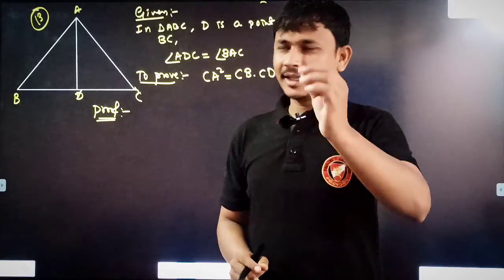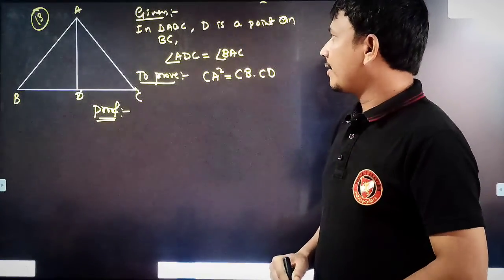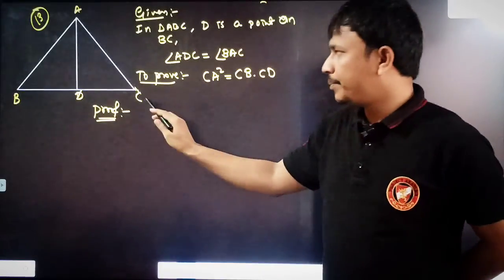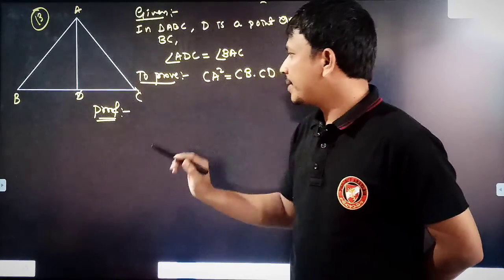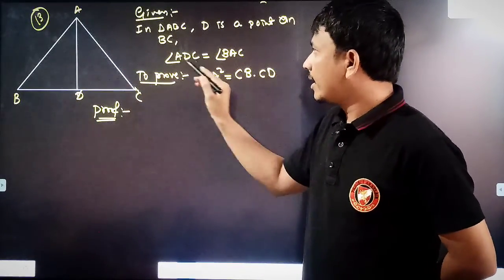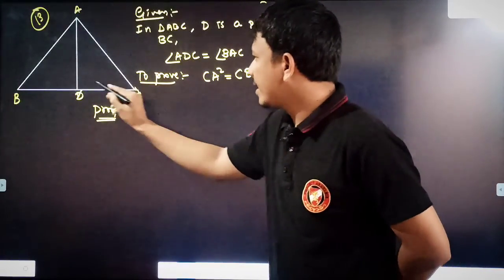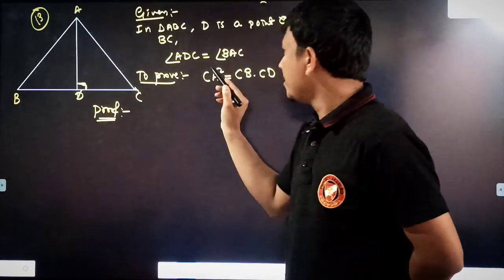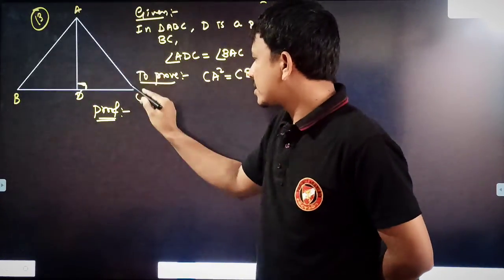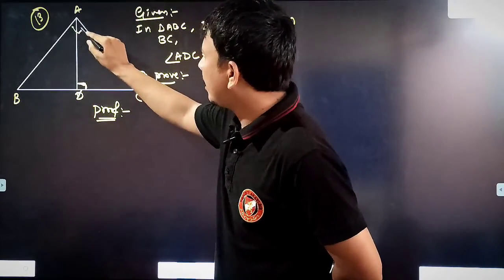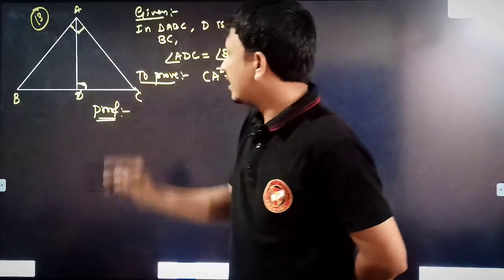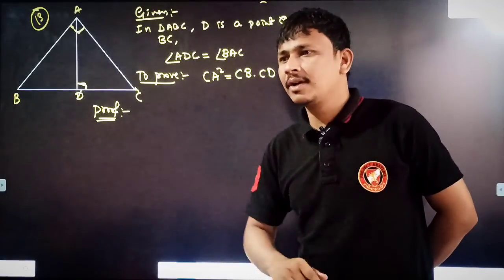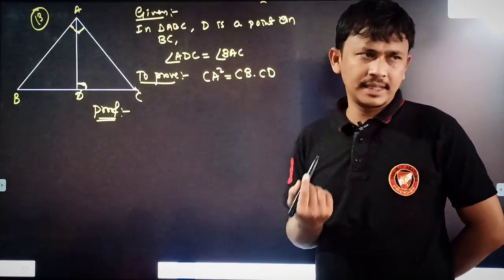Thirteenth question. In the given question, what they have given? In triangle ABC, D is a point on BC such that angle ADC is equal to angle BAC. These are the given things. What we need to prove? We need to prove CA square is equal to CB into CD.